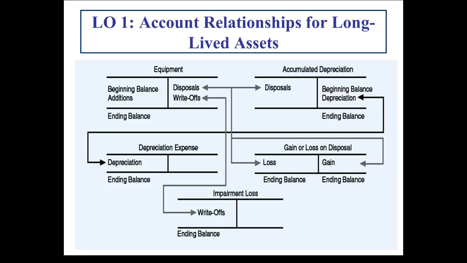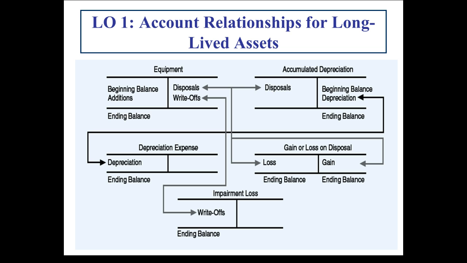It's important to know the relationship with the assets, the long-lived assets, and the other accounts. So we know when we're dealing with equipment, we're going to deal with a depreciation expense or accumulated depreciation. And then when we get rid of the equipment, we could have either a gain or loss on disposing of the equipment.